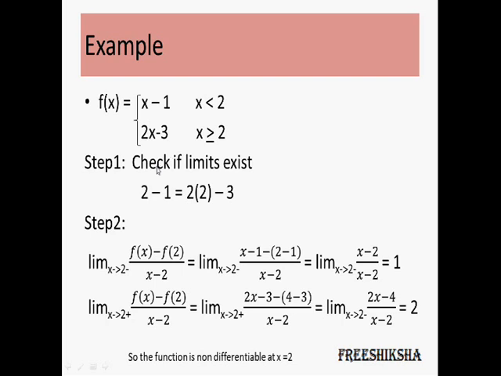So when you check the continuity, you will find the left hand limit by putting x equal to 2 in x minus 1, you will get 2 minus 1, and the right hand limit you will get by putting x equal to 2 in 2x minus 3, which will give you 1 in both cases.